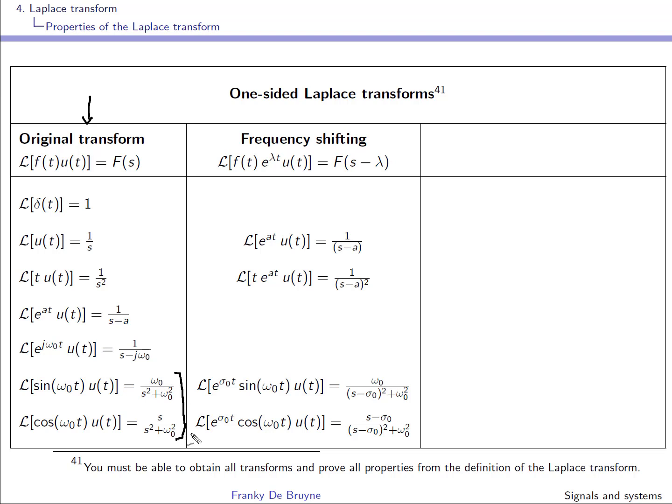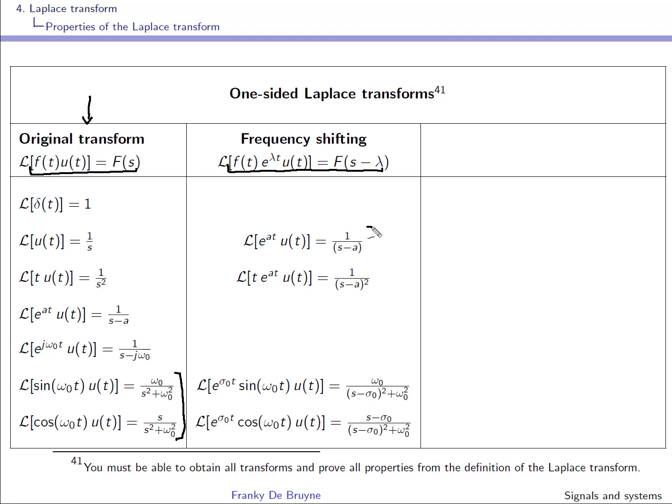This is the original transform, and in the second column we give all Laplace transforms that we can obtain using the frequency shifting property, starting from the transforms in this first column, and we've seen that we have obtained 4 of them.